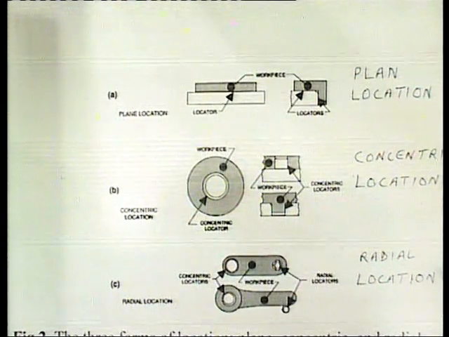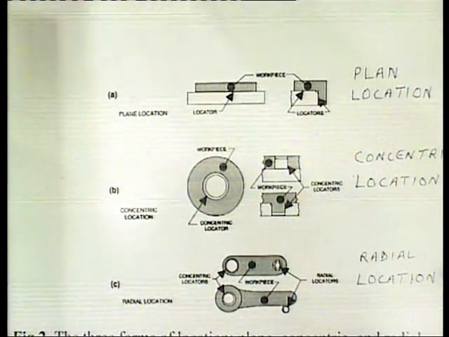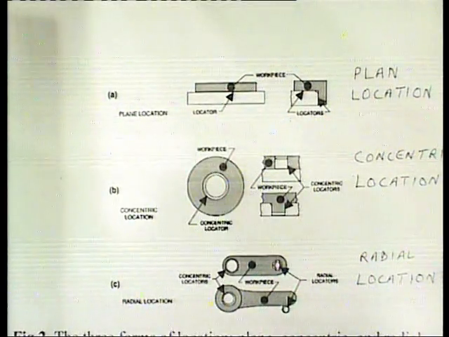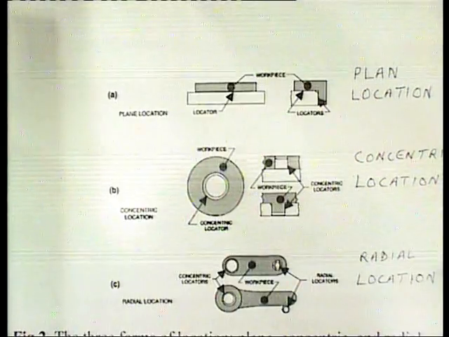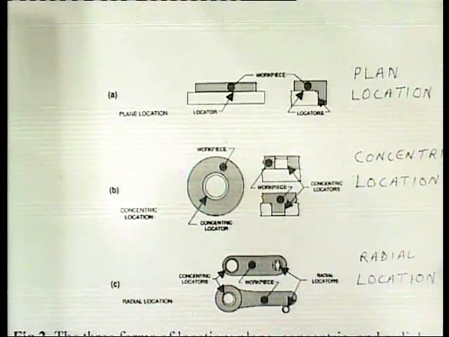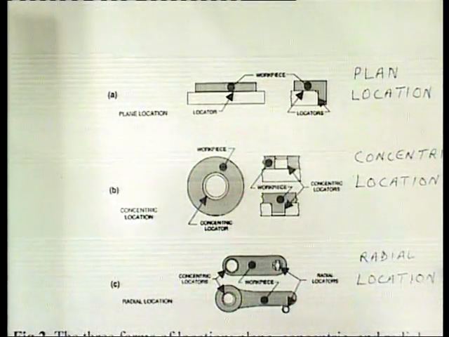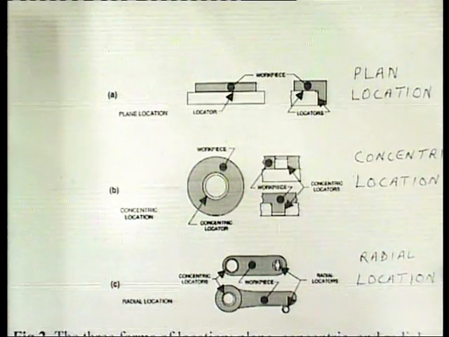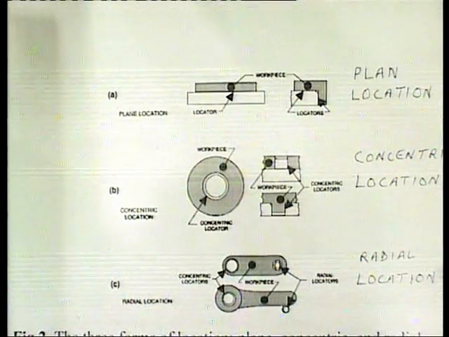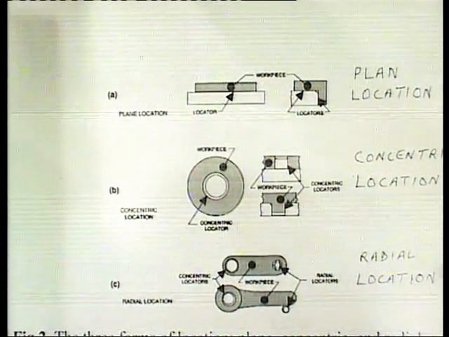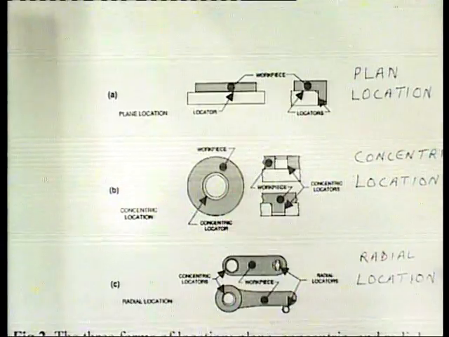In many cases, locating is performed by a combination of these three locational methods. So, locating from external surfaces, flat surfaces are common workpiece features used for location. Locating from a flat surface is a form of plane location.